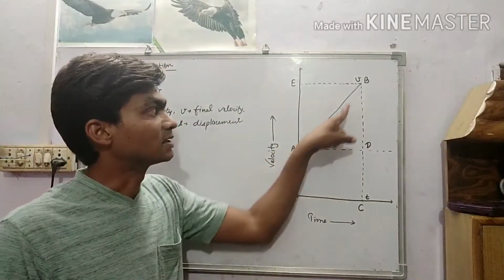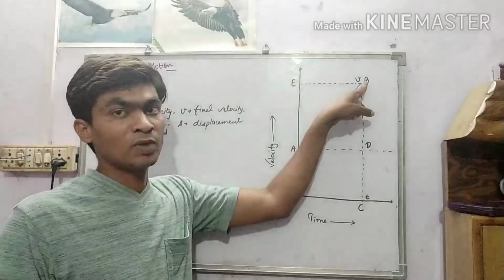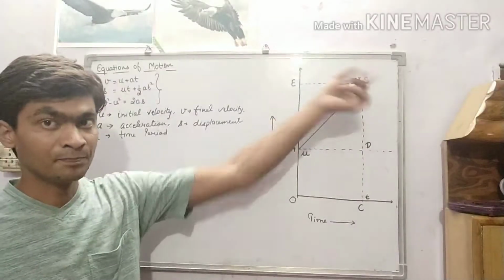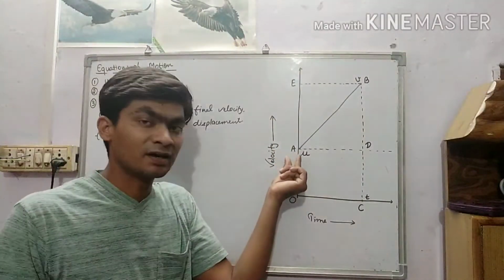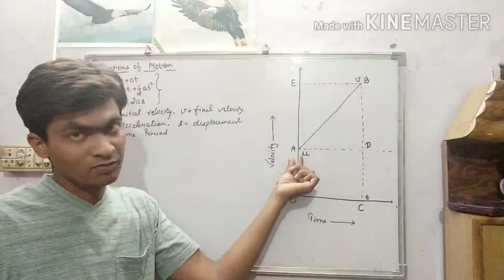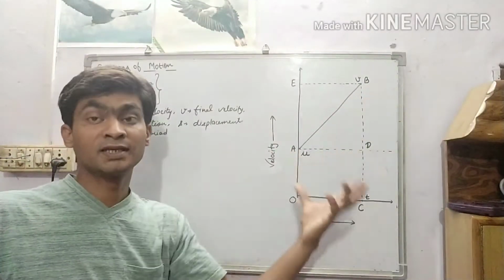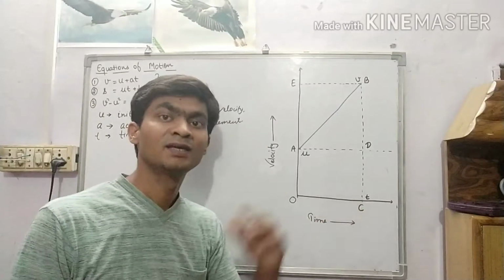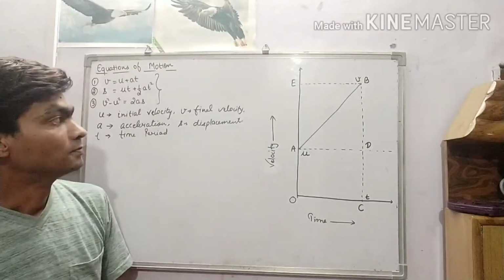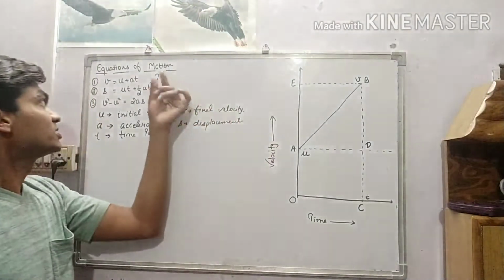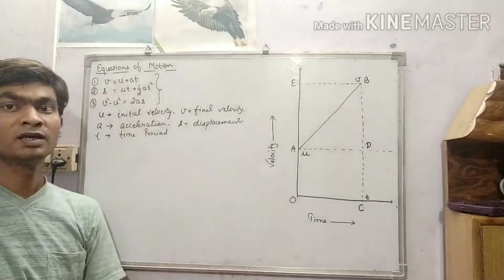After reaching the point B, we have calculated it as the final velocity. The point where it started is known as the initial velocity. This initial velocity and final velocity have taken some time, and that time we have expressed on the time axis by small t. Now we will try to prove the equations that we have written here.